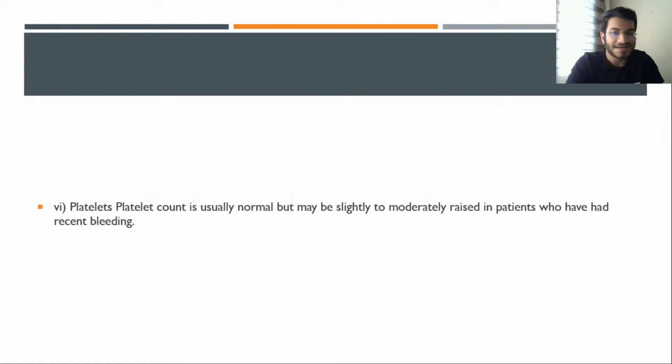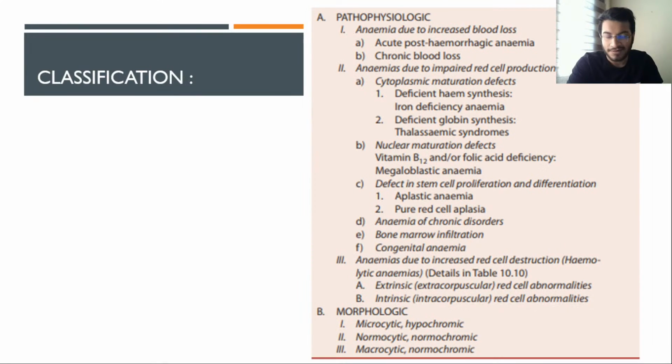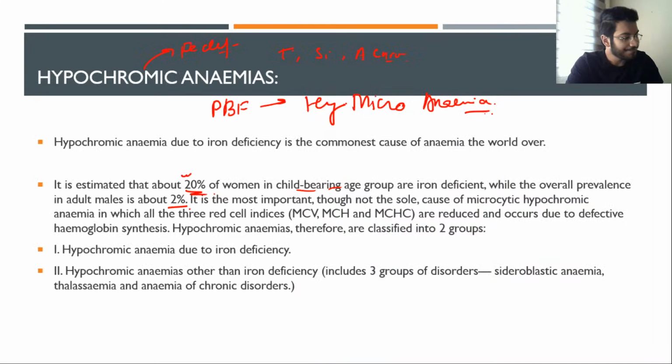Then let's first revise these things जो हमने पढ़ी फटाफट से, and then we will be moving further. हमने start करा था hypochromic anemia से. Microcytic hypochromic anemia का main cause is iron deficiency anemia, but there are other causes as well like sideroblastic anemia, thalassemia and anemia of chronic disorder.